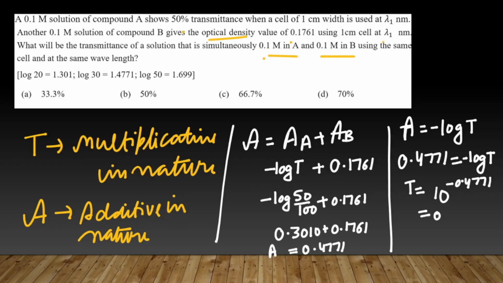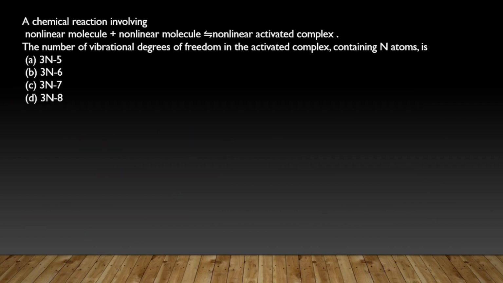Solving this, we are getting the value as 0.3333, but in percentage, the transmittance percentage is going to be 33.33%. So the correct answer will be option A in this case, 33.33%. Okay. So now moving on to our next question.